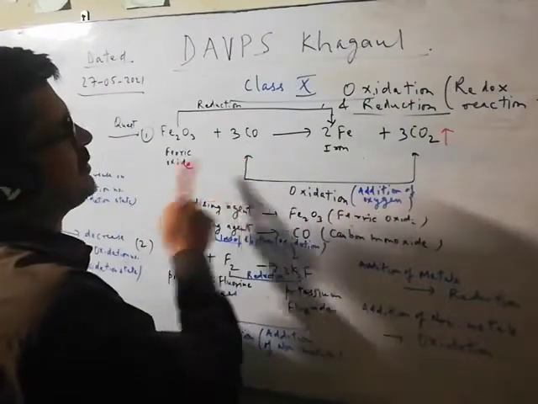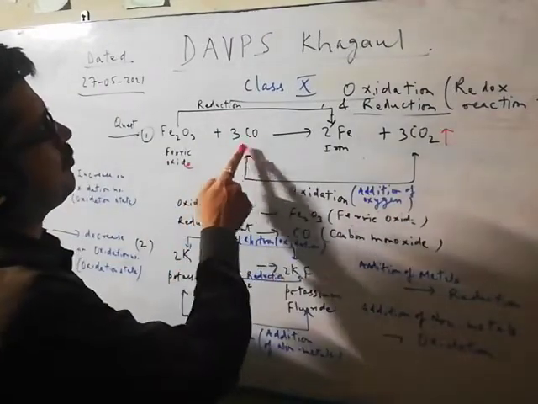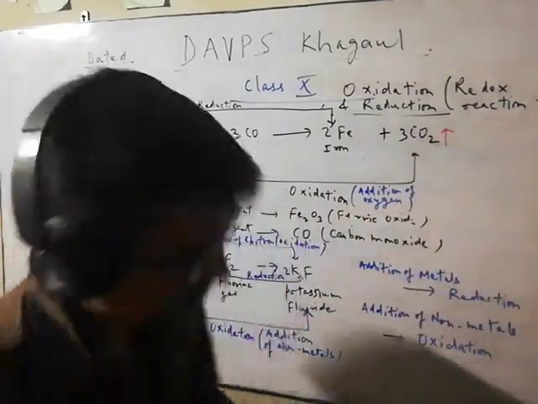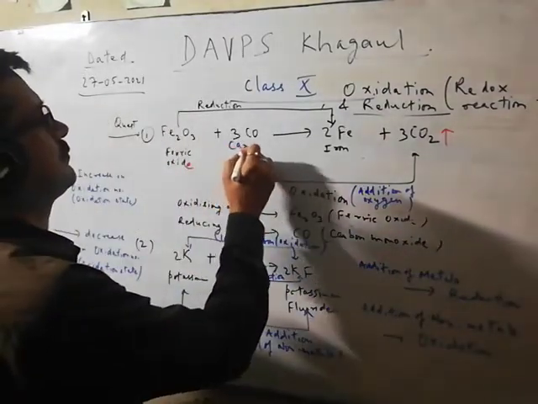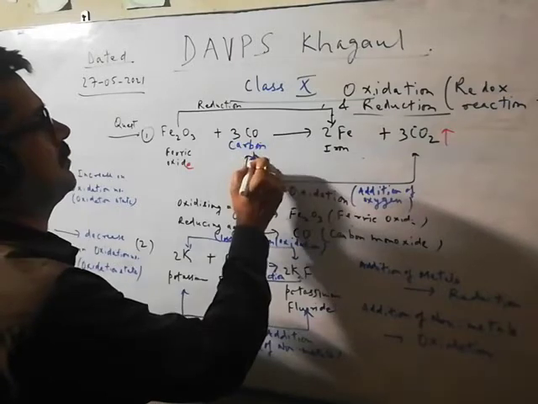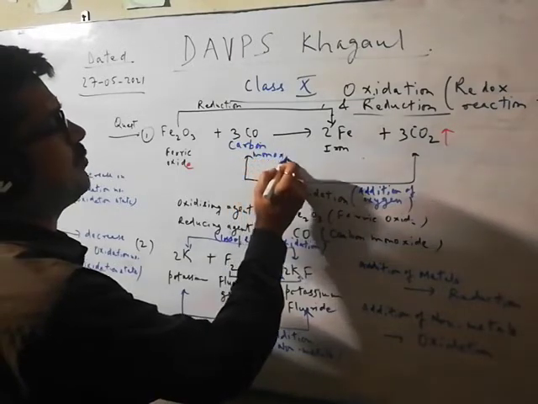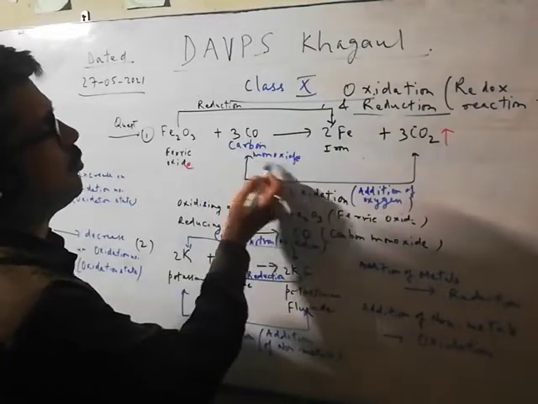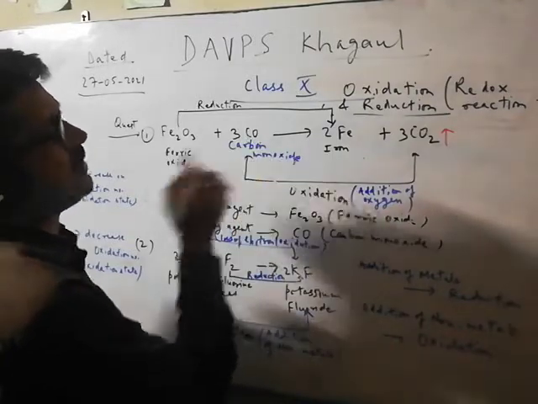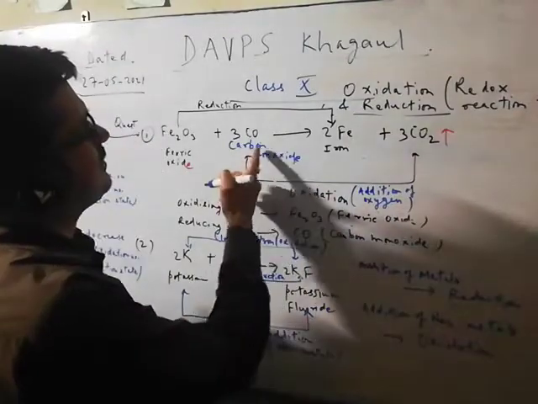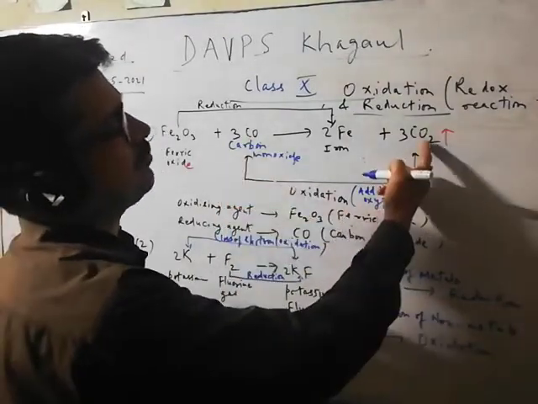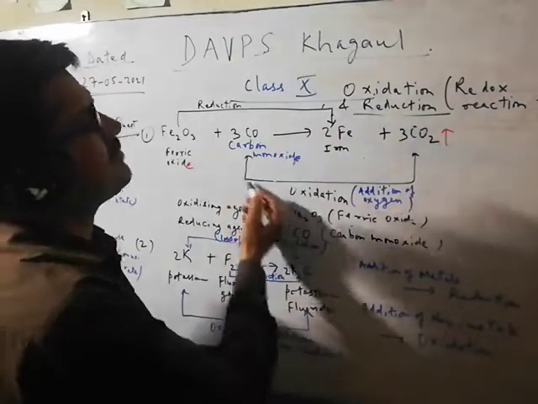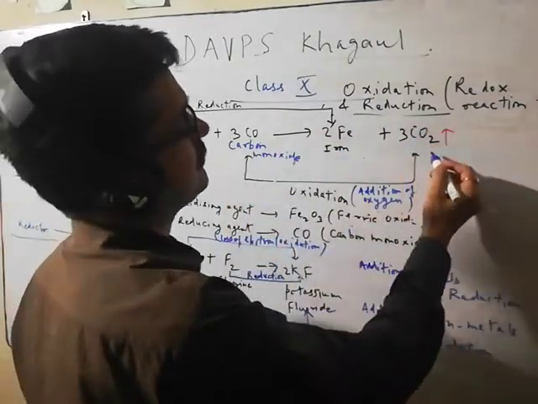So here we see carbon monoxide. Why are we calling it monoxide? Because one oxygen is there, mono. There is addition of oxygen, one oxygen is added here, so it becomes carbon dioxide.